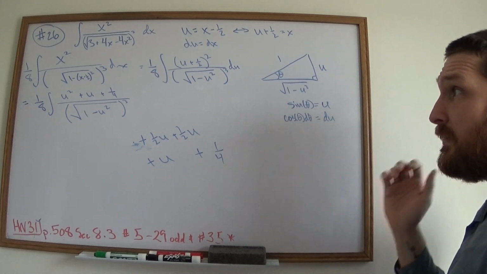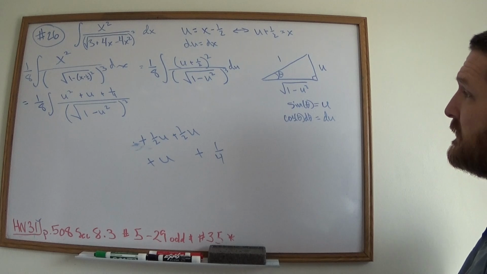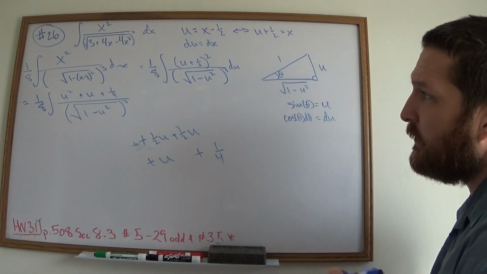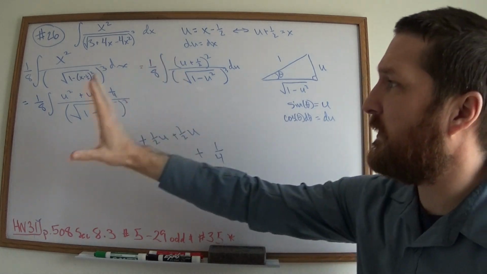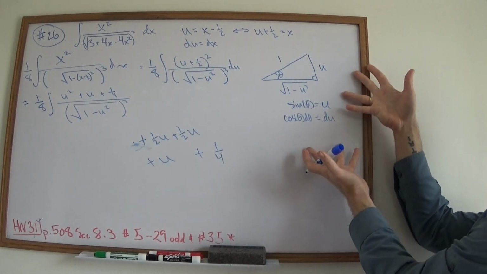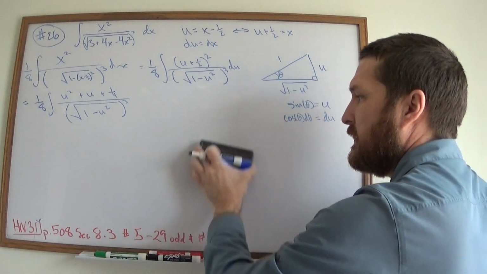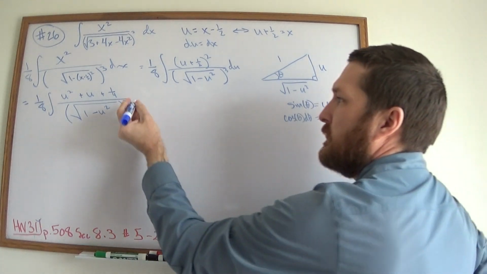Okay, now well, we could just go ahead and just do the sines and stuff like that. But I think what I want to do with this is split this up into 3 integrals. And this is going to work for every single one of them. Okay? So let's go ahead and split it up into 3 integrals.